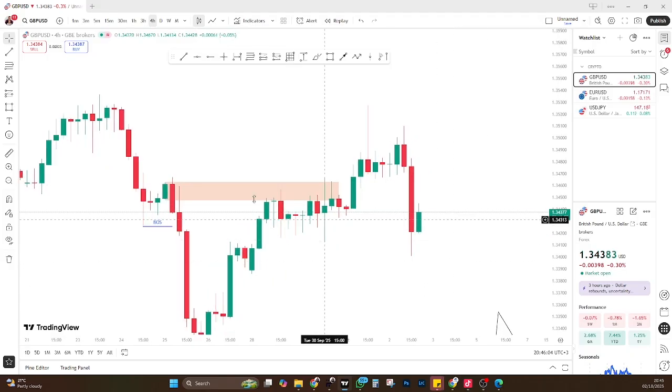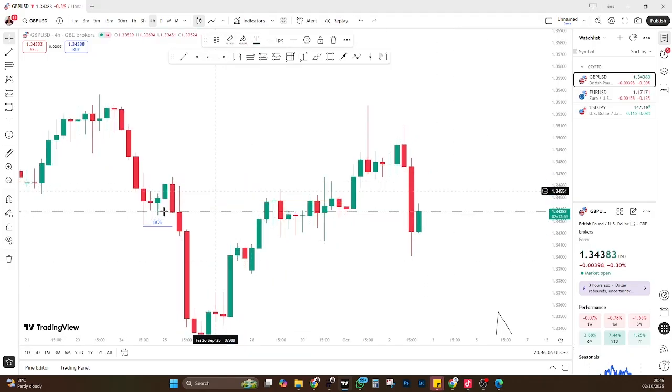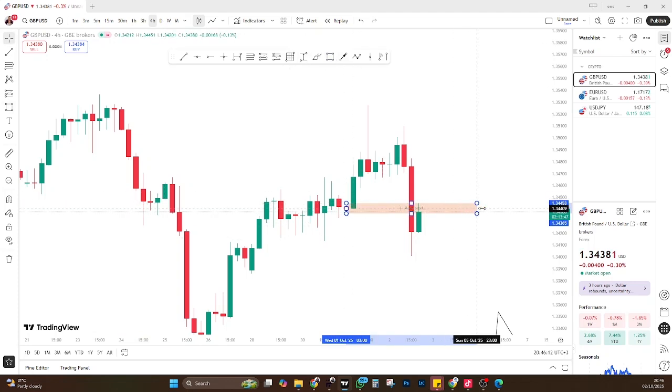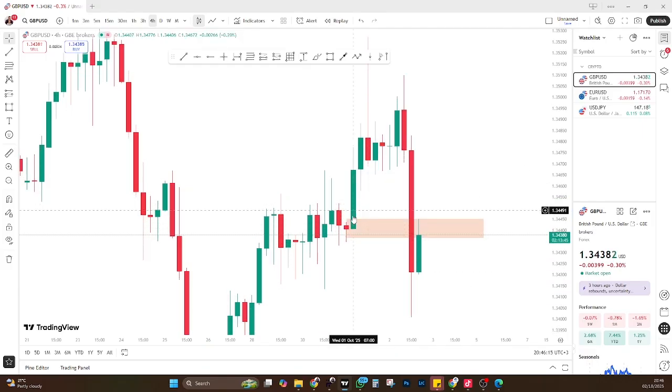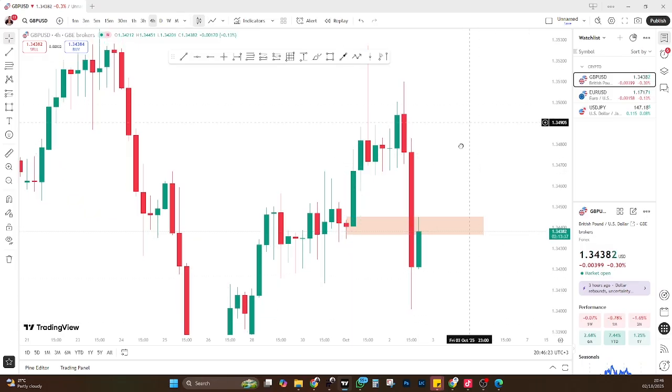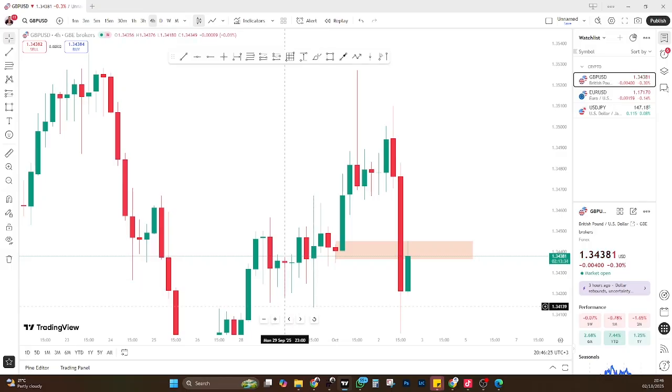Okay, another good example. Look at what was happening here. Can you see this here? If you look at this, this was such a mighty move upwards. And what happened is the market took out this liquidity first. You see?